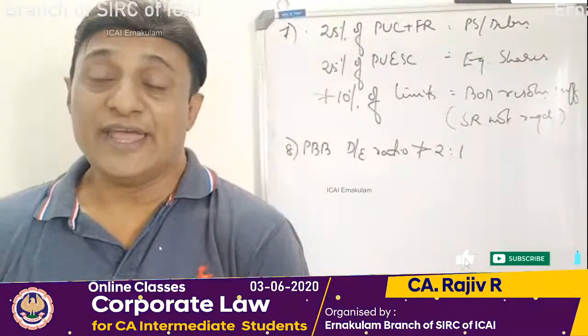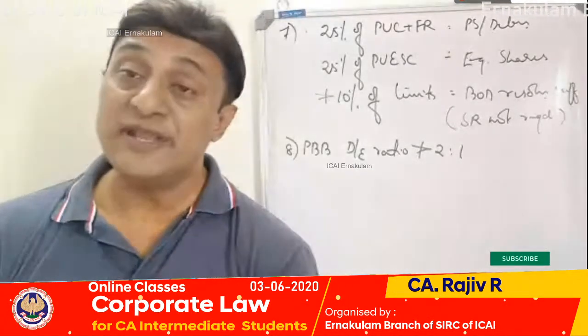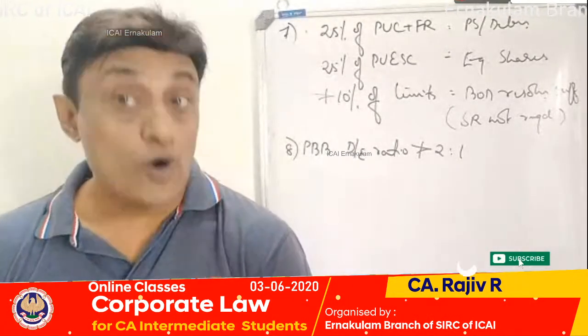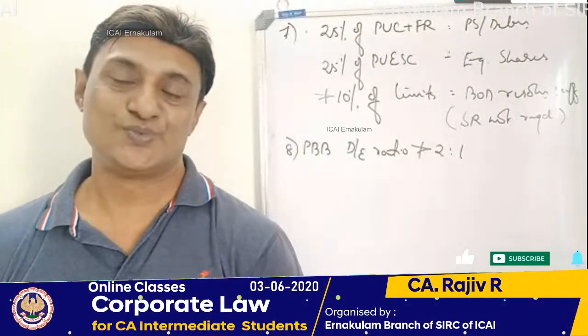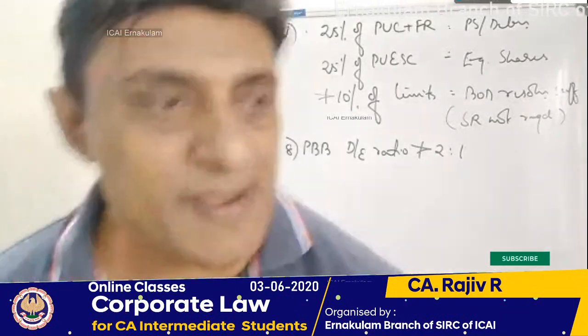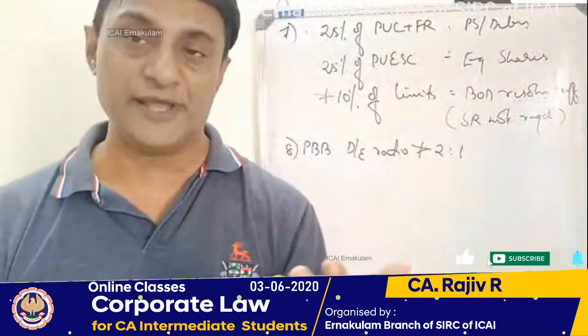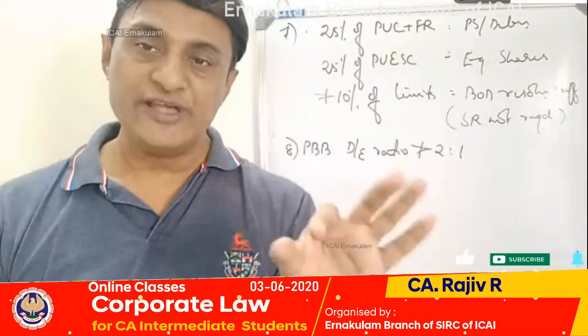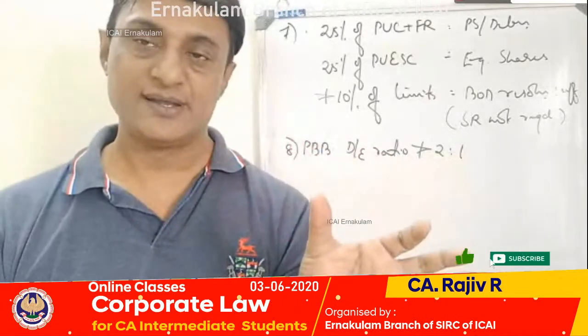So here it is very interesting to see that a company law provision, a Companies Act provision, is borrowing a financial management ratio. Financial management ratios are basically used for diagnosing the health of a company. You feel the pulse of a company through the balance sheet and the P&L account, or taking both together.